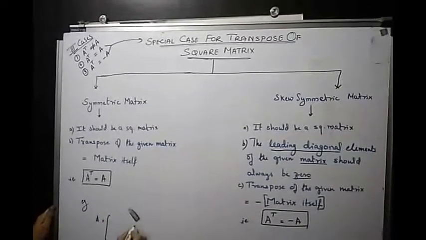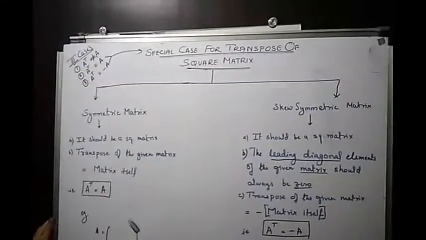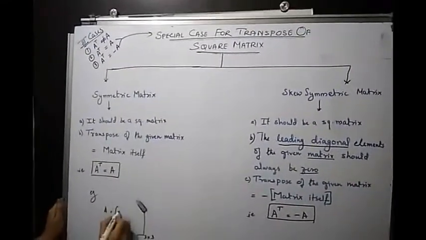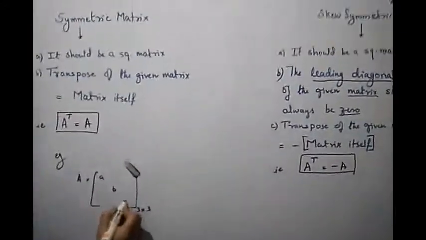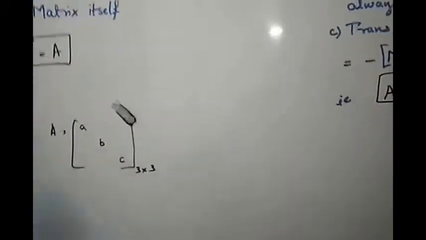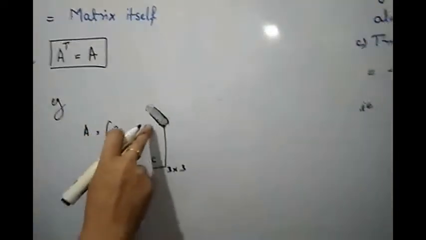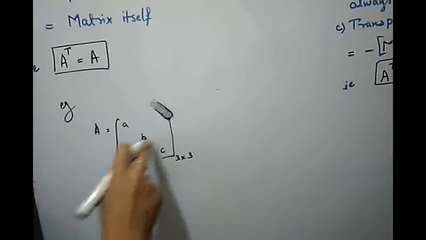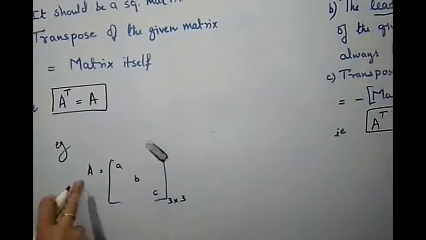Matrix A of order, let it be 3 by 3. Since we have to take a square matrix, I am taking the leading diagonal elements as A, B, C. You can have any other elements also. Now, I have to arrange the other elements in such a way that when I transpose this matrix, I should get the matrix itself.